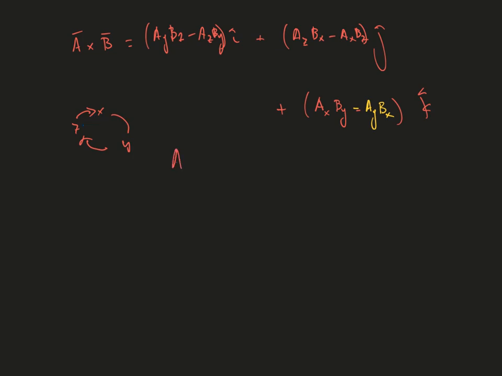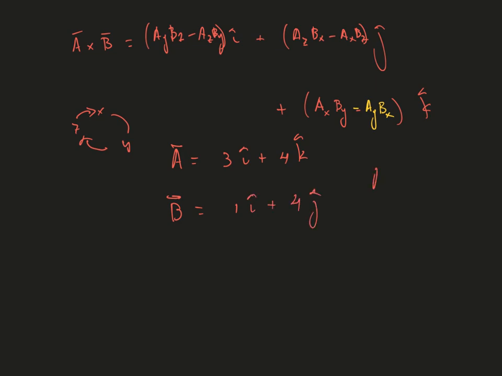Well, A is the vector 3i plus 4k, and let's say that B is the vector 1i plus 4j.